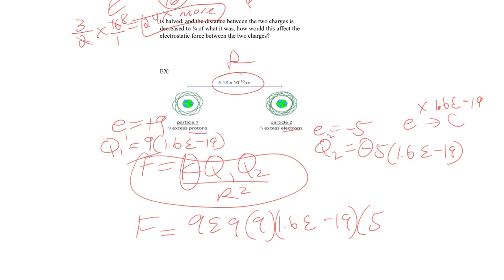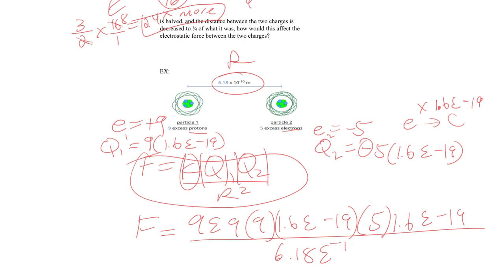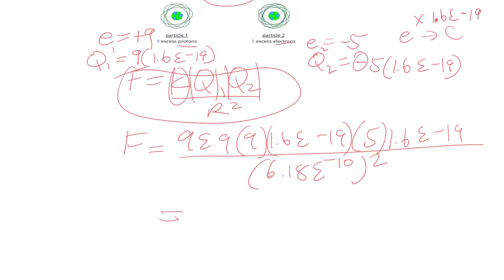Don't use the negative on the numbers in front. Remember, absolute value. These are absolute value right here. Times 1.6 e to the negative 19, then all over 6.18 e to the negative 10 squared. Okay, that's pain. Comes out to 2.7 e to negative 8 newtons.